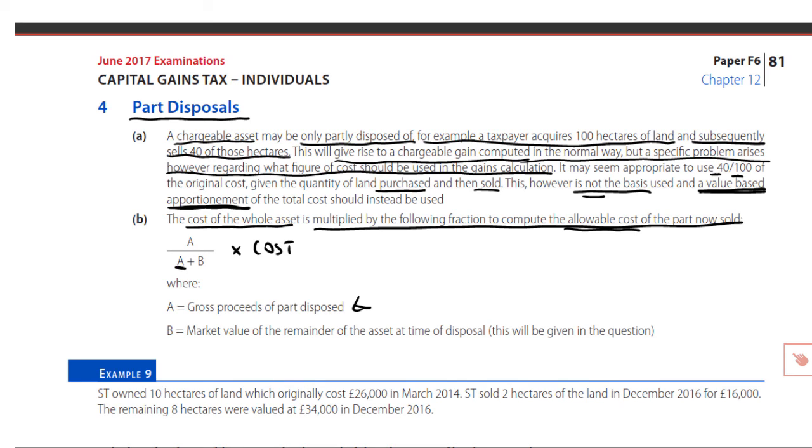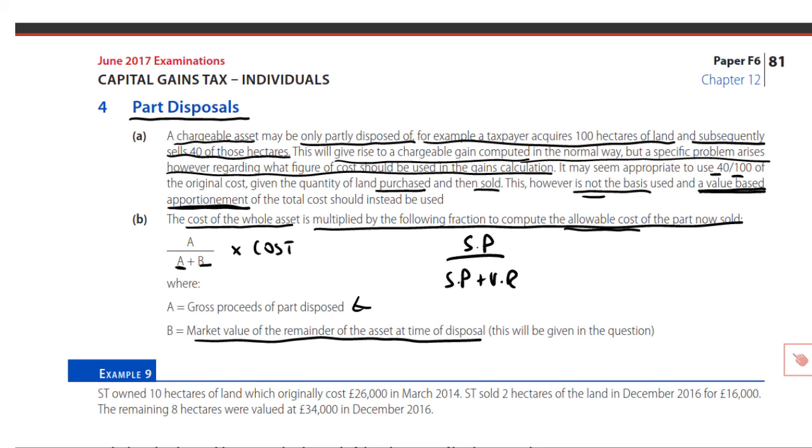Over exactly the same figure, those gross proceeds, plus a figure given in the question, B, the market value of the remainder of the asset at the time of the disposal. That will be given in the question. How we refer to this fraction is its sales proceeds over sales proceeds plus value remaining.